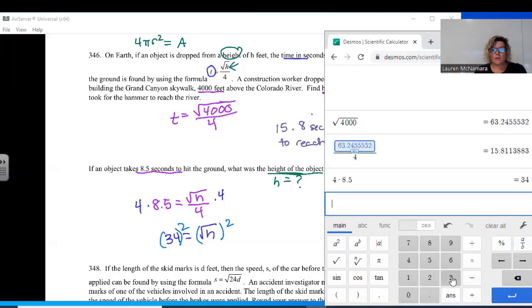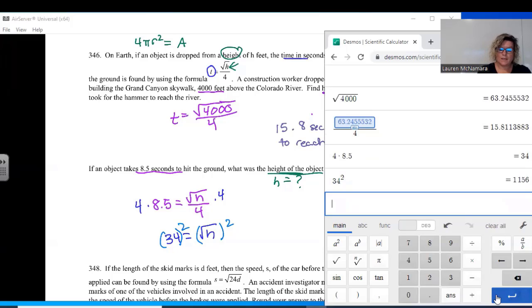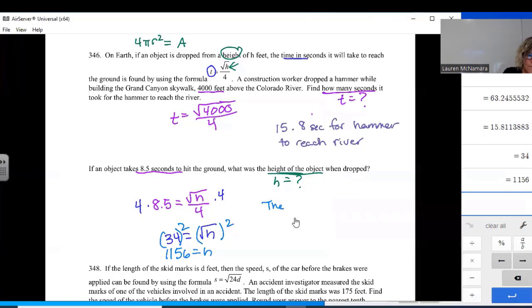So then 34 squared, I get 1156 is my height. So what was the height of the object when dropped? The height of the object was 1,156 feet.